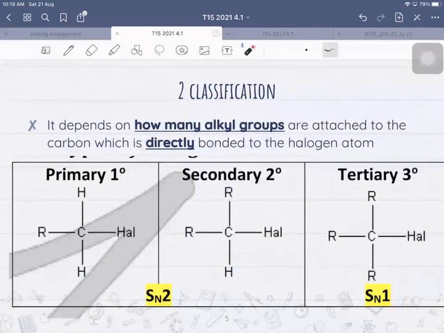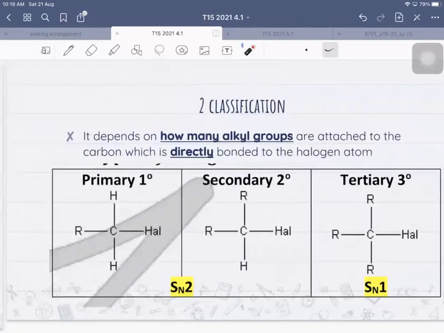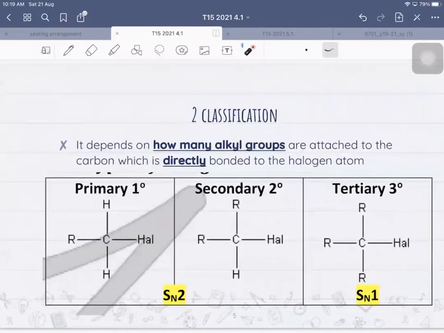Here is a general overview of how to identify primary, secondary, and tertiary halogenoalkanes. That carbon-halogen bond, C-Hal, Hal is actually your halogen, but in most textbooks they will just represent it as the C-X bond.